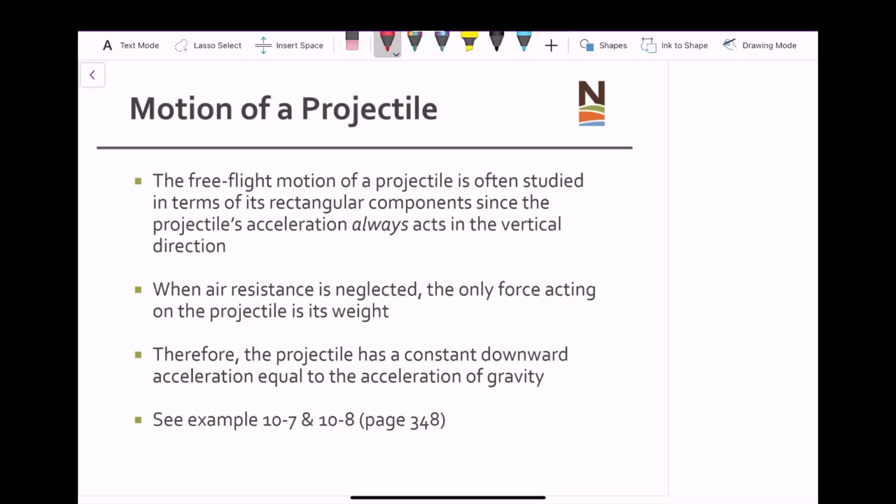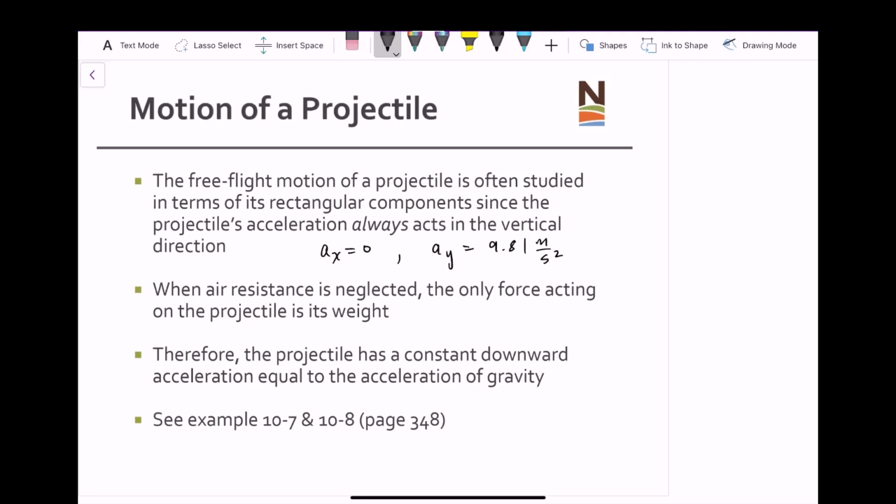So in motion of a projectile, the free flight motion of a projectile is often studied in terms of its rectangular components, since the projectile's acceleration always acts in the vertical direction. All that's saying is that for any of the problems that we look at for projectiles, a x is going to be 0 and a y is going to be 9.81 meters per second squared, acting downwards.